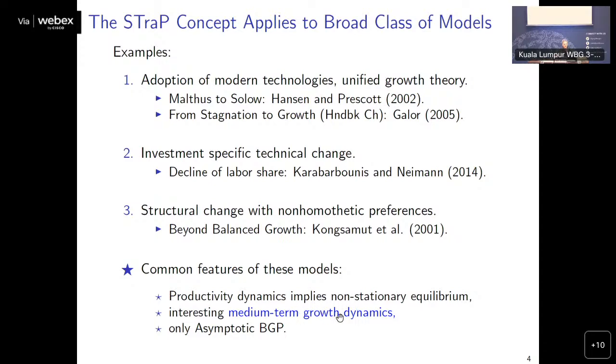There are some interesting medium-term growth dynamics, and the balanced growth path exists only asymptotically. In the case of Karabarbounis and Neiman, the balanced growth path exists when labor's not earning anything, when everything is in capital share. That's not an interesting economy to analyze. We care about the dynamics leading up to that, which is what they solved.